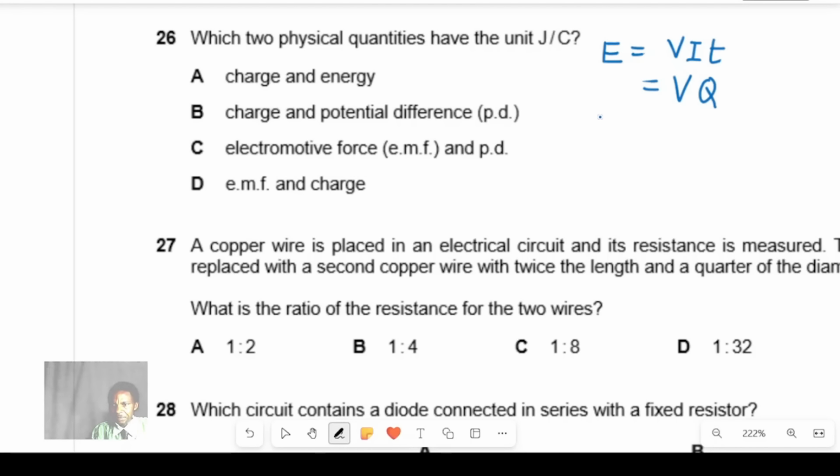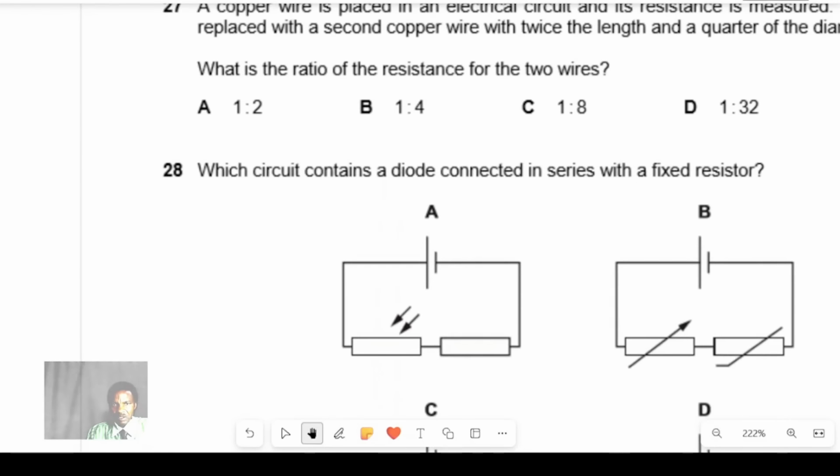Make V the subject of the formula: V is equal to E over Q, which is joule divided by coulomb. So that represents electromotive force and potential difference. The answer is C.